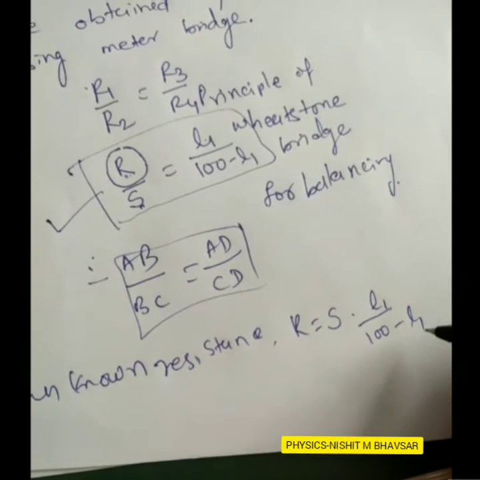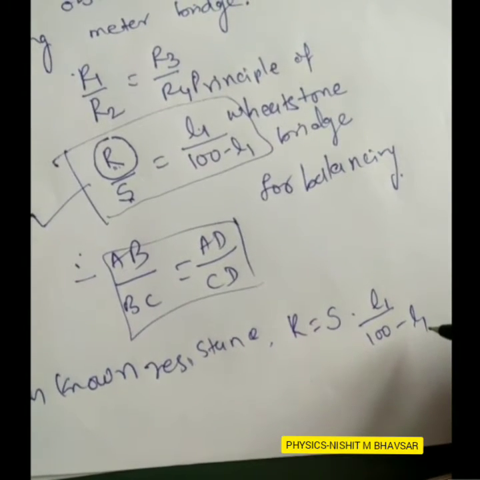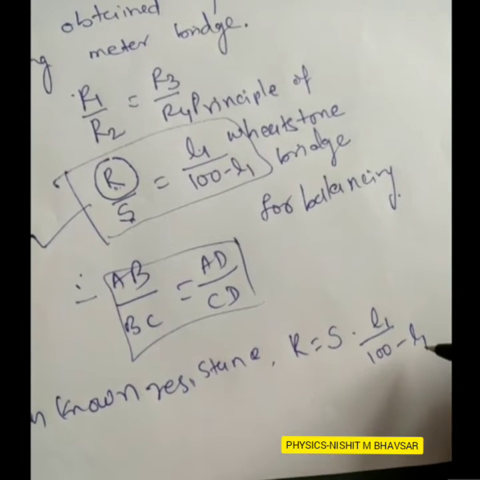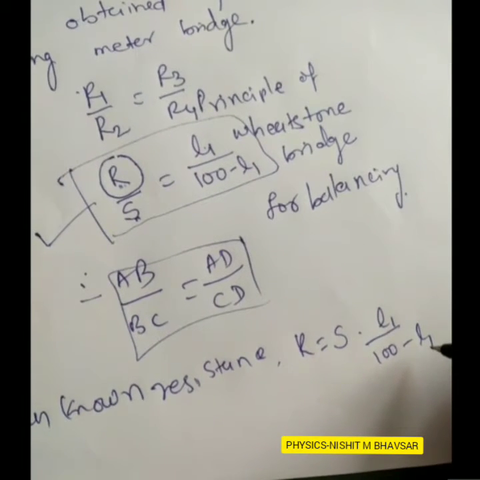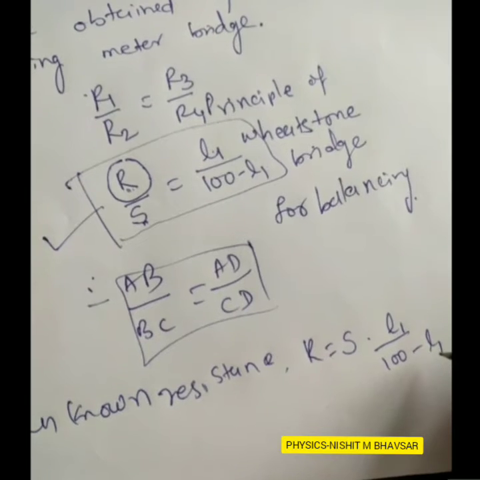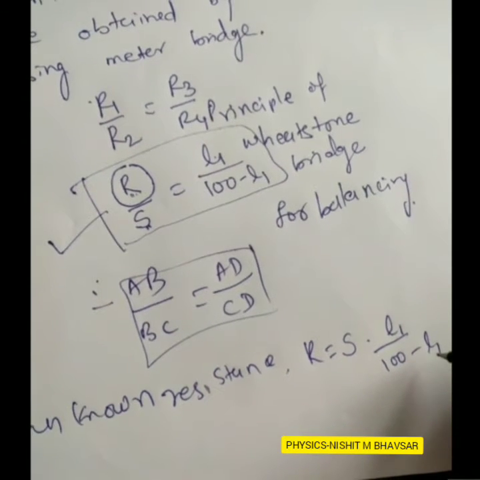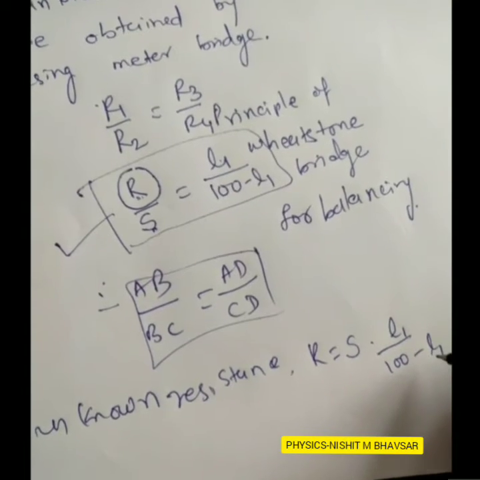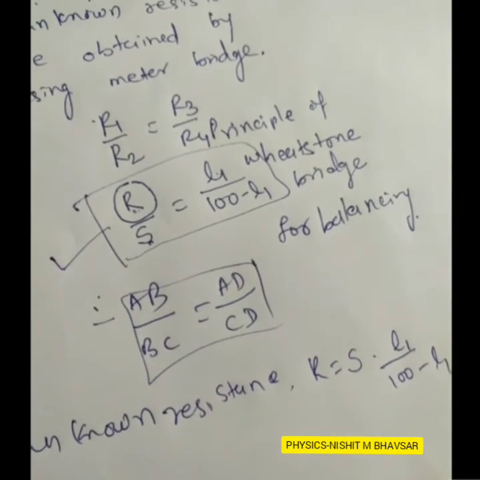For different values of S and R, the average value can be obtained. By using meter bridge, value of small resistance can be known.